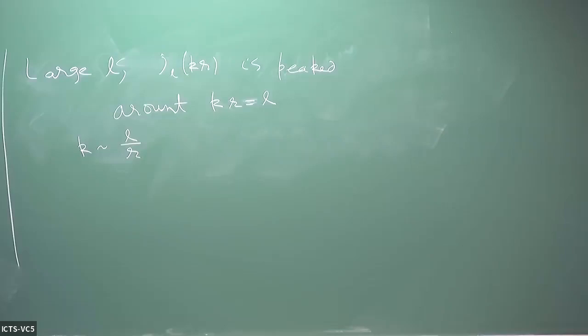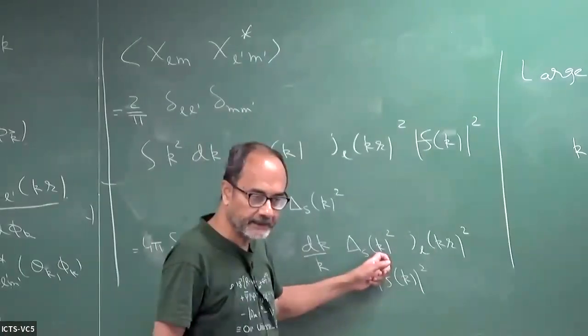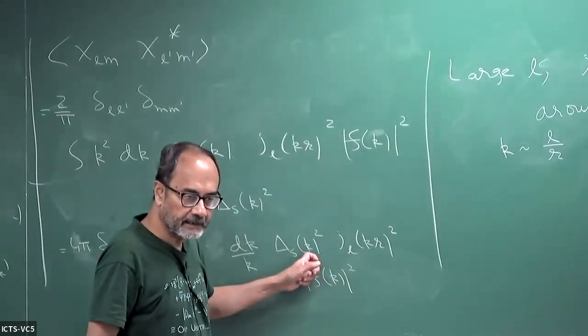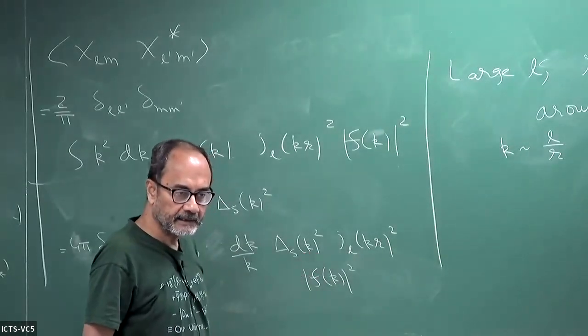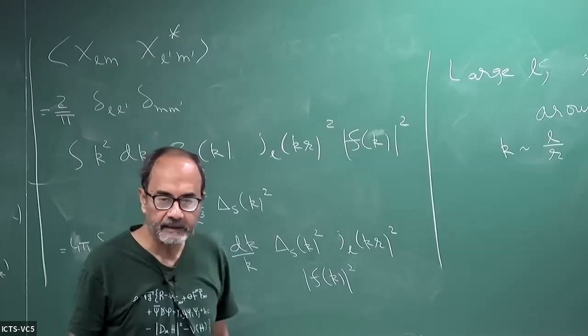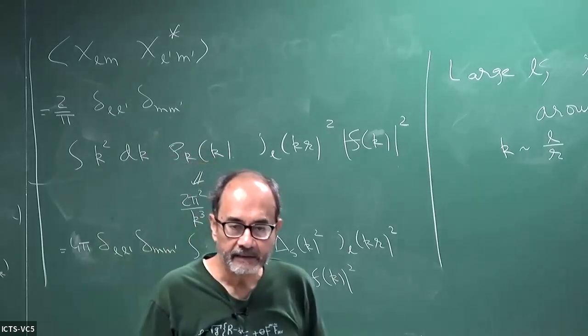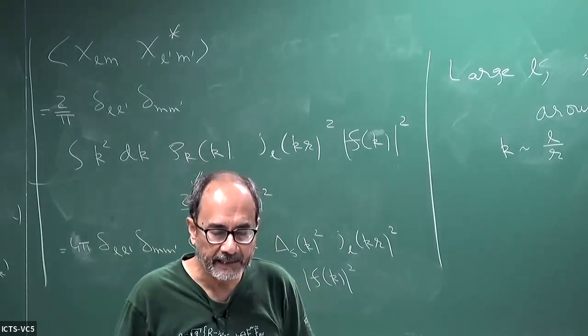So j_L is peaked around kr equal to L, which means at k of order L over r. So this thing is significant only when k is of order L over r. That means this integral is sensitive to delta S at a value of k which is of order L over r. Pardon? Yes, delta S is the power spectrum.